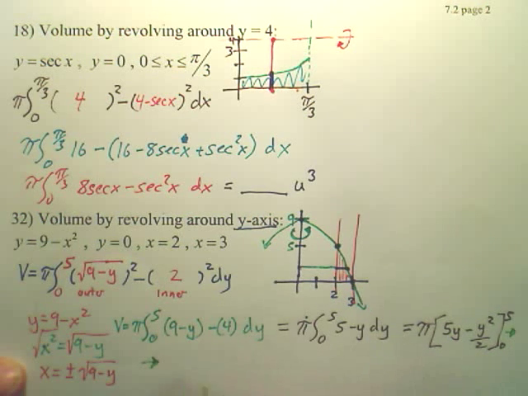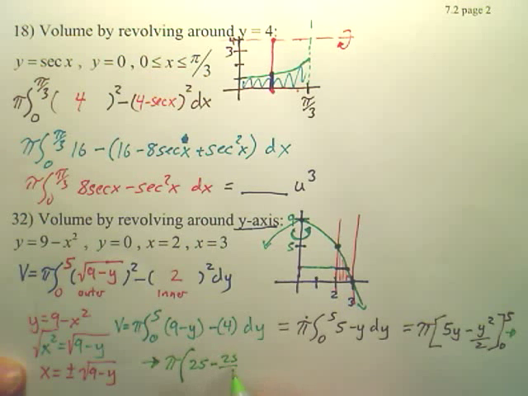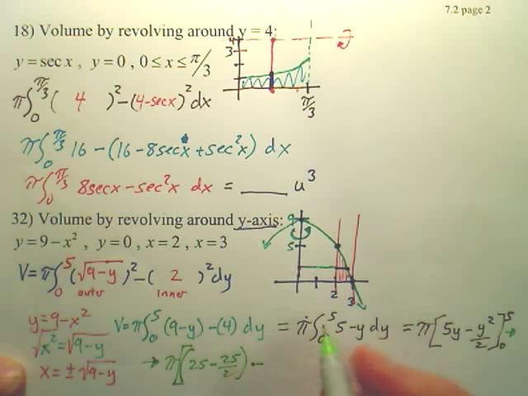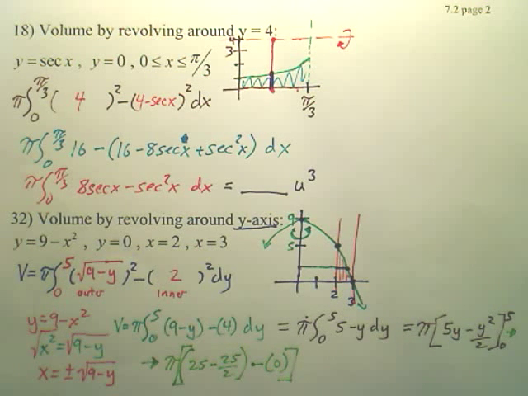Looks like we have pi times 25 minus 25 over 2 minus 0, because when you plug in 0 to here.